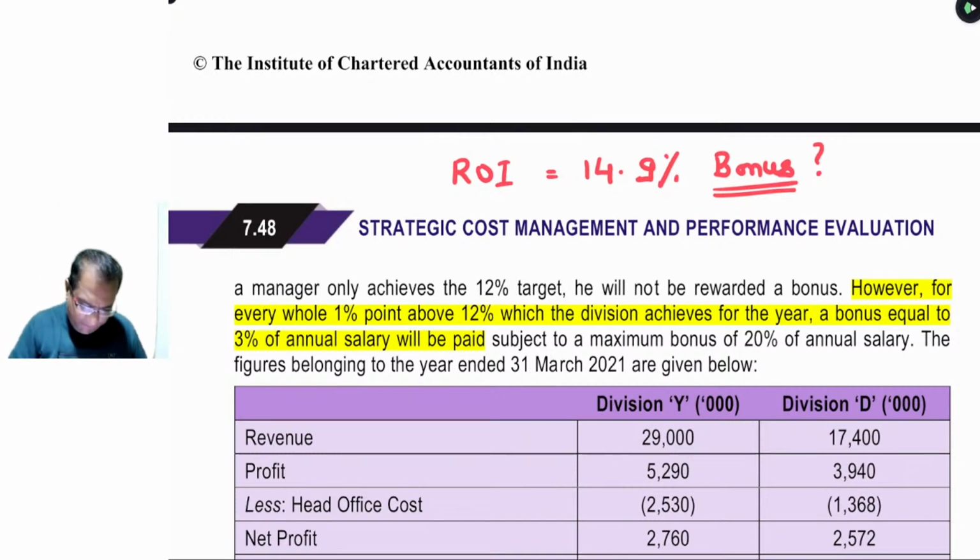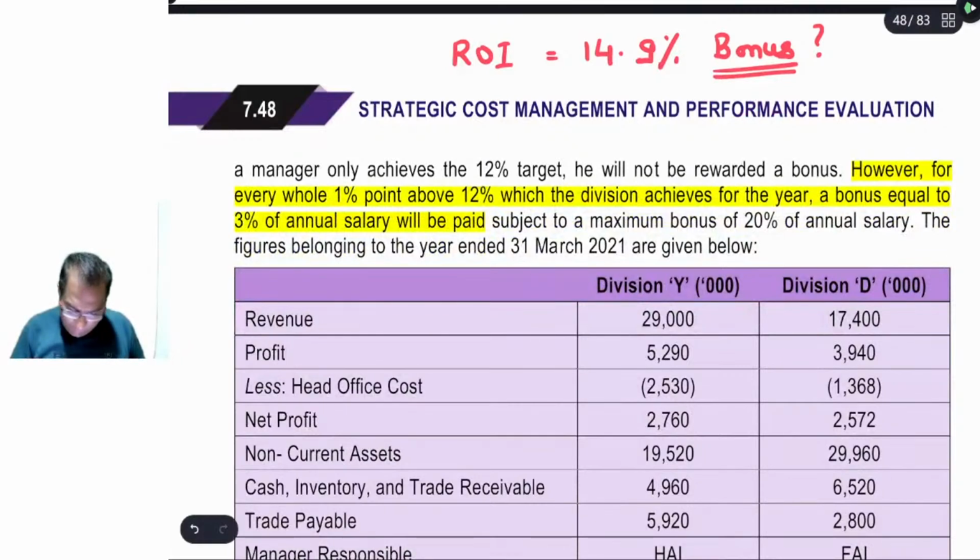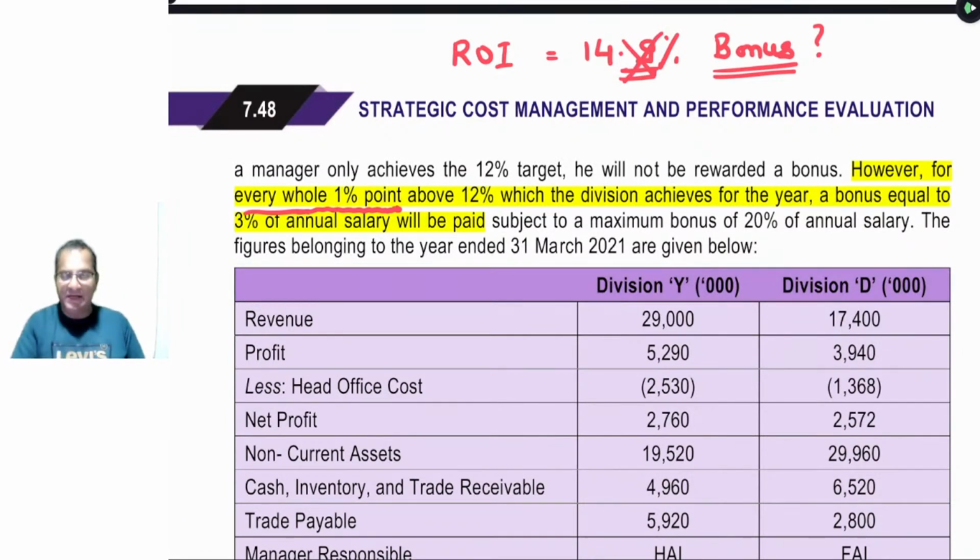देखिए बेटा, सबसे इंपॉर्टेंट पॉइंट था ये वाला. For every 1% point, 'every whole' लिखा है ना, it means if the ROI is in percentage, you have to ignore the decimals in the ROI percentage term. 14.9 should be considered as 14% because they have written this word 'for every whole 1%'.